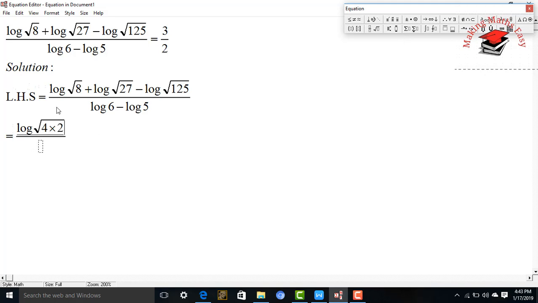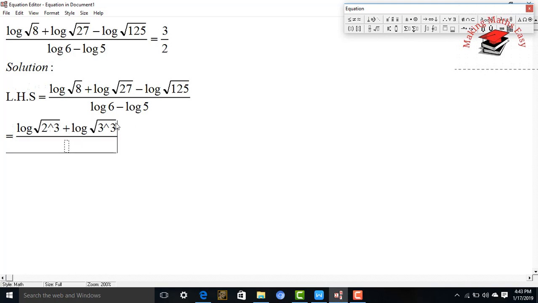Then log of 27 can be written as log of 3 raised to 3, as 3 times 3 times 3 gives you 27. This log of square root of 8, which is square root of 4 into 2, can also be written as 2 raised to 3.